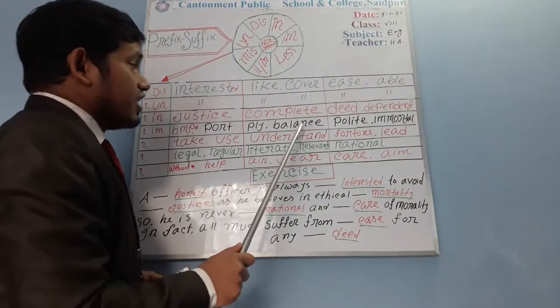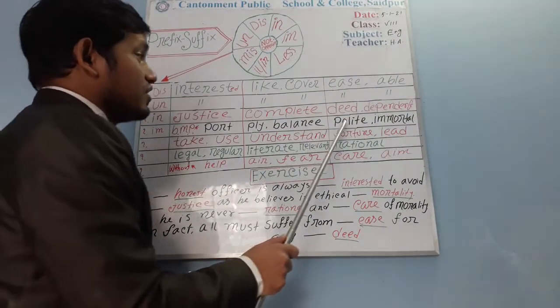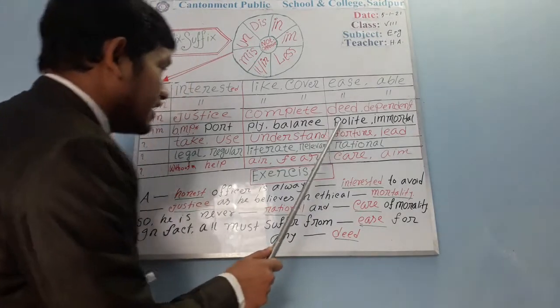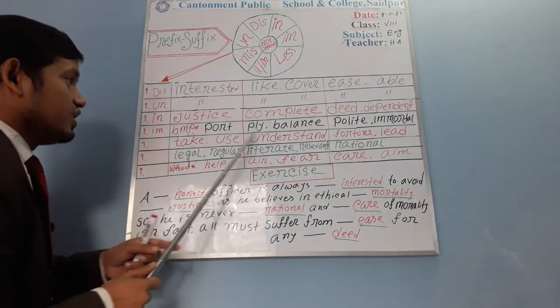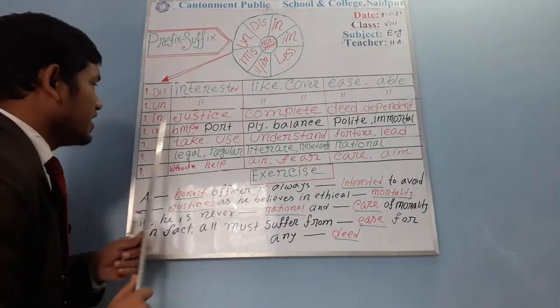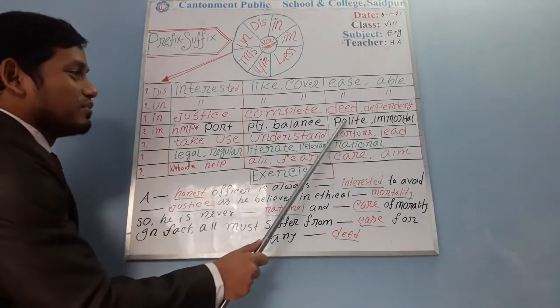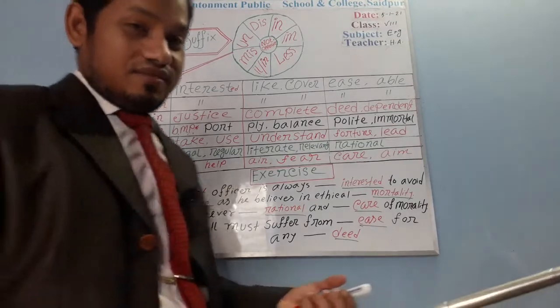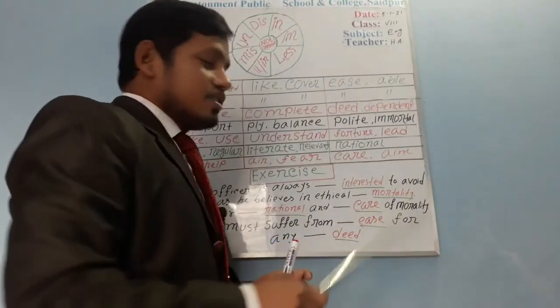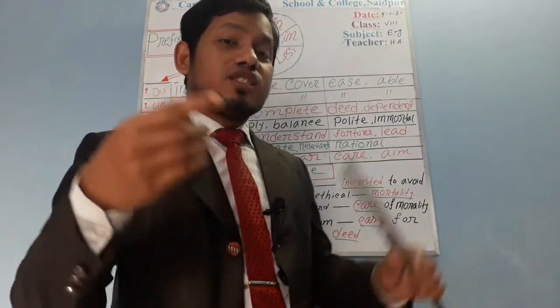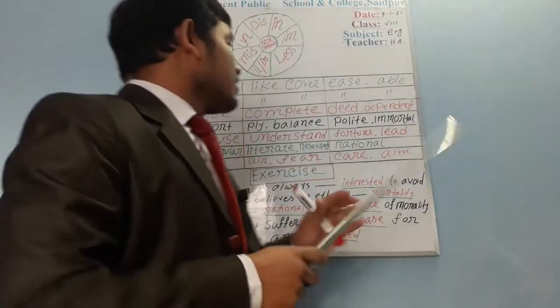Learners, here you can see now, balance, imbalance. Here is polite. The word begins with P, and the earlier word begins with B, that's why im, right? Polite, impolite. Polite means very gentle in behavior, but impolite means not polite.